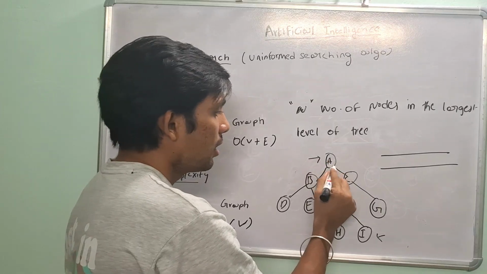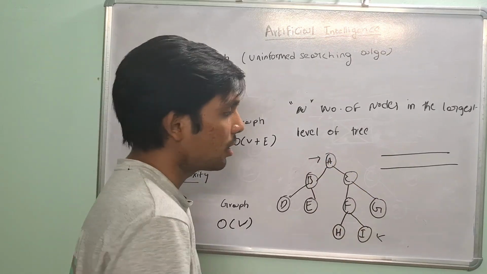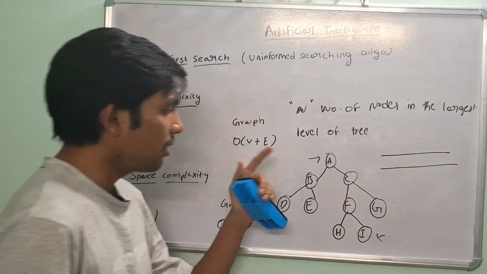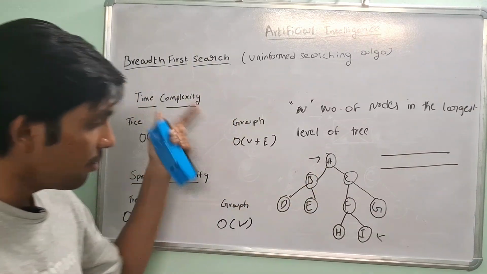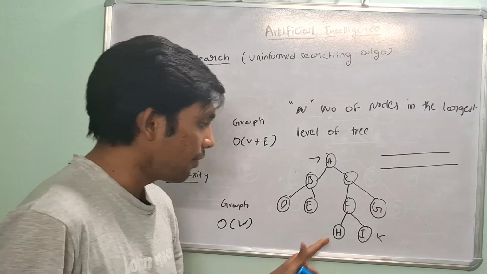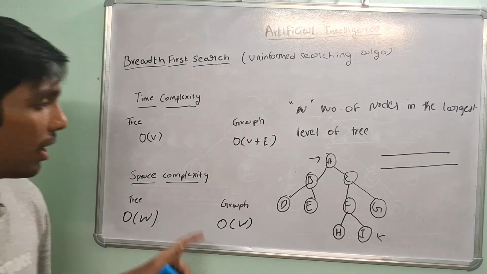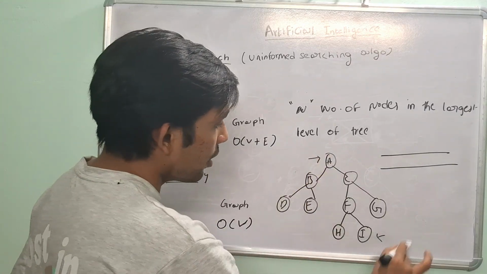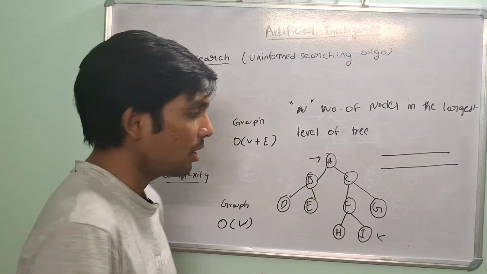When we start with A, in the first level we have only one node, so we store A in the queue. Later we will store both B and C, and then D, E, F, G, and finally H and I.